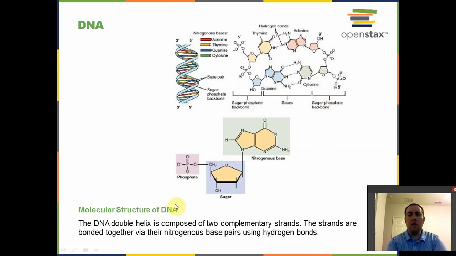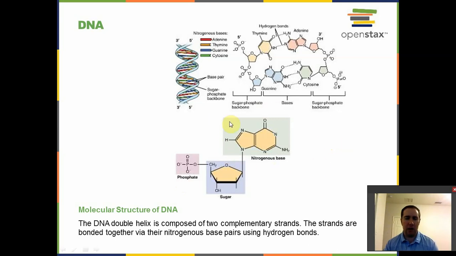This is one nucleotide. A nucleotide, the A, T, C, or G, has 3 parts to it. There is a sugar in the middle. It doesn't do a whole lot. There is a phosphate, which acts kind of as the glue to hold one nucleotide to the next one in the string. And then there is this nitrogenous base.